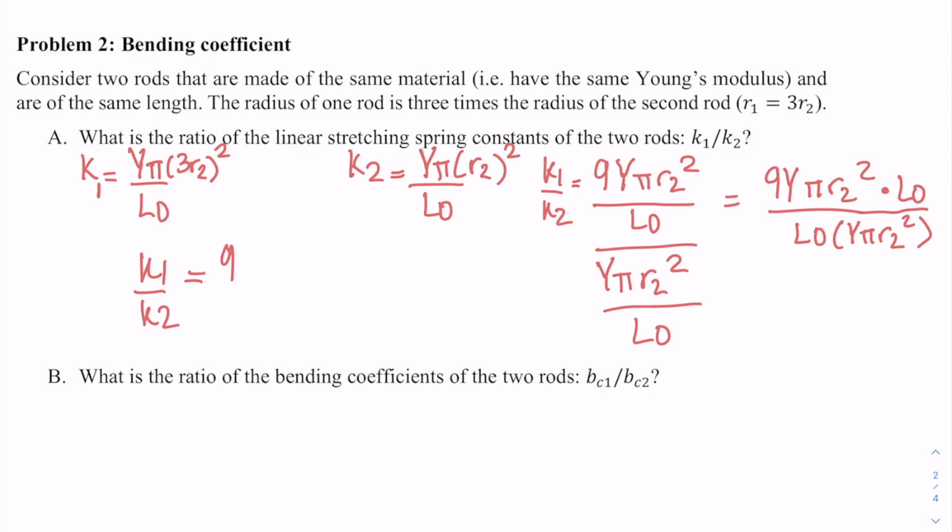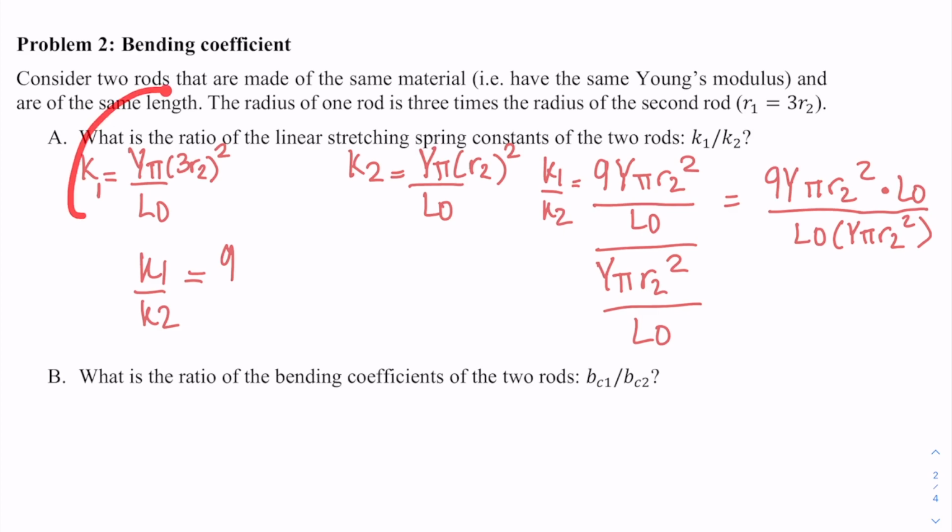Sound good? If you got 1/9, then you might have done K2 divided by K1, but okay, hold up. Let me check if you guys got that. Christian got that as well, so let me check my math here to make sure that everything is in order.